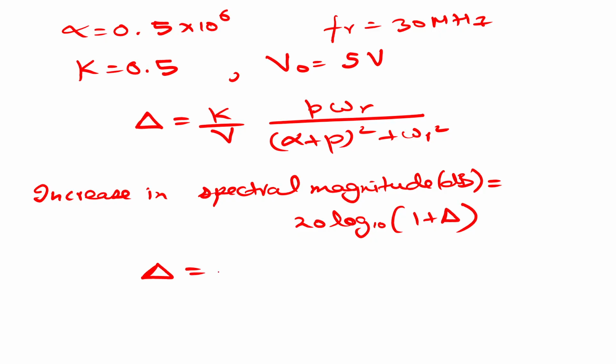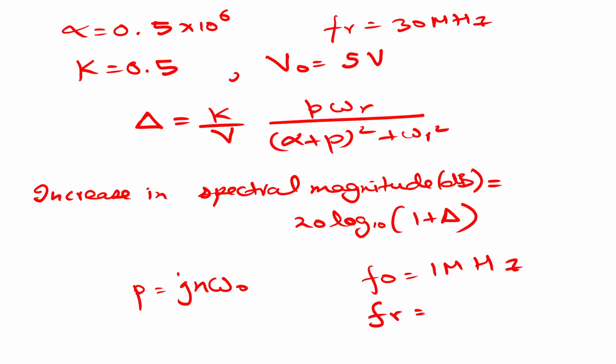So first we will calculate what delta is. K is 0.5, and P we can calculate. P is nothing but j N omega naught. We can find omega naught because F naught is 1 megahertz and ringing frequency Fr is 30 megahertz.